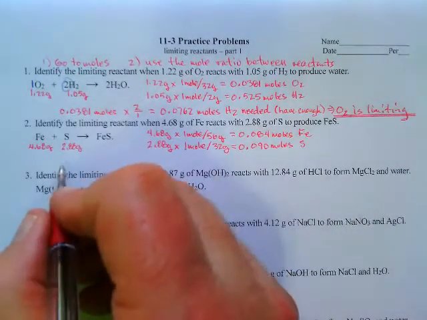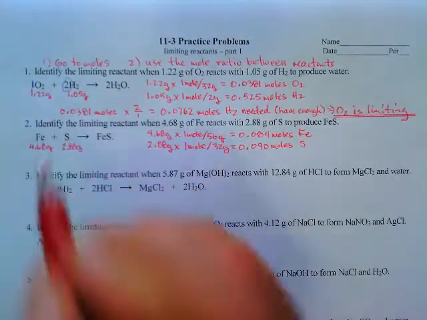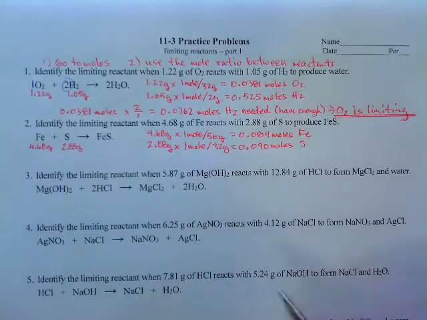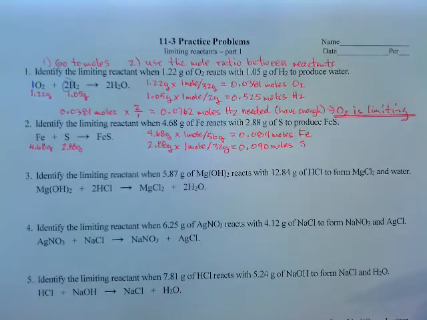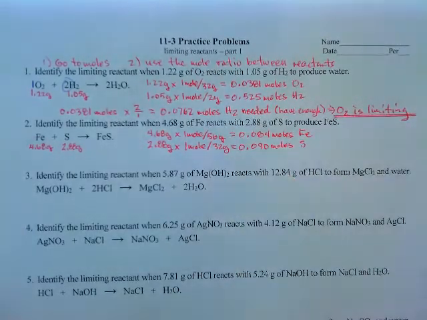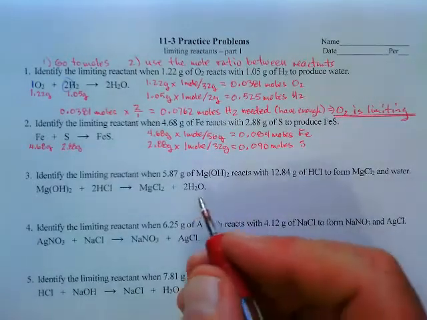Okay, so in this case, they're 1-to-1, and so since they're 1-to-1, the one that's smaller will be limiting, because the other one will have a little bit left over.